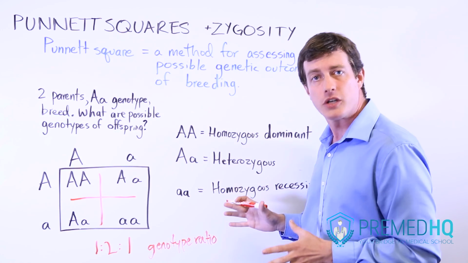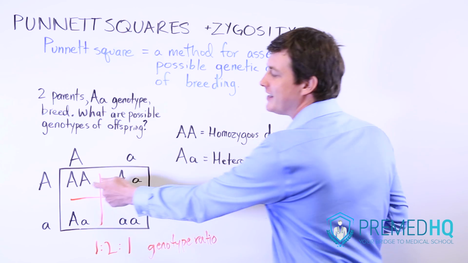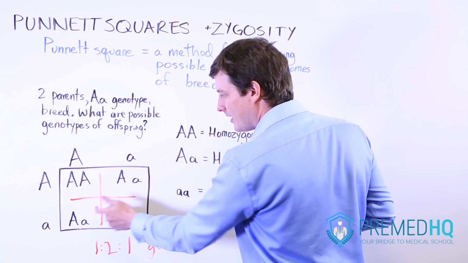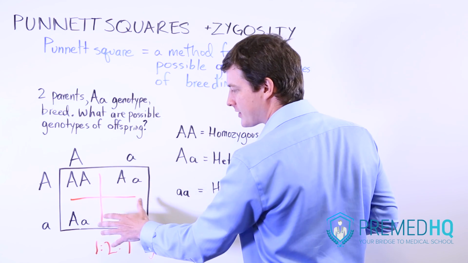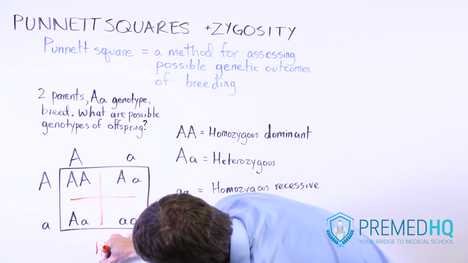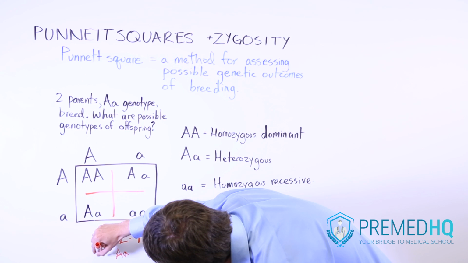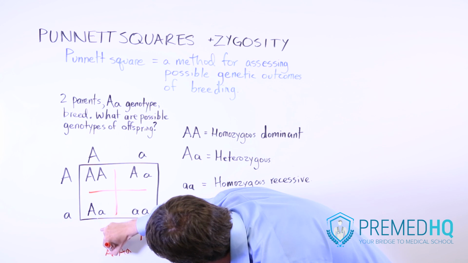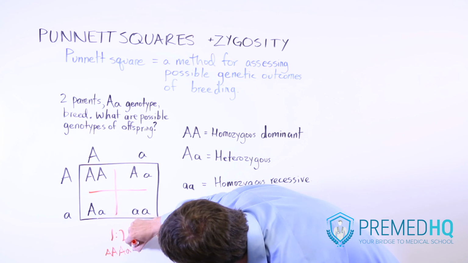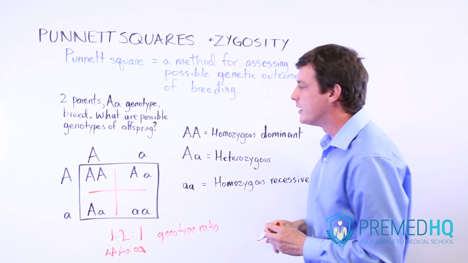And so that's a question that they could ask. What is the ratio of genotypes? And that's purely mathematical. This is as likely as that, this is as likely as that, and so on. But because these are the same, you get 2 chances at the heterozygote, and then you have 1 chance at the homozygous dominant and 1 chance at the homozygous recessive.